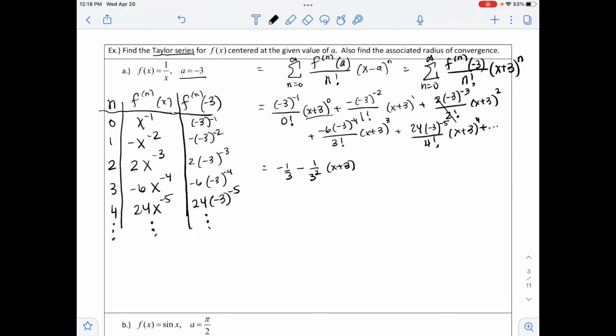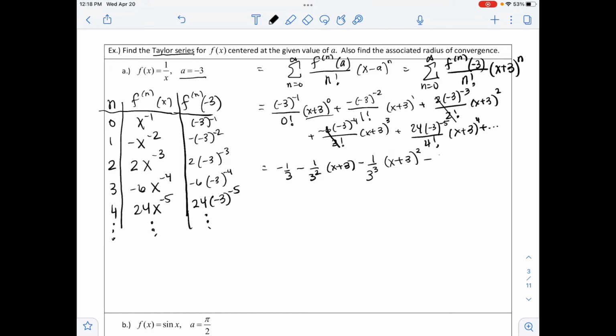And so for this, we have negative 3 to the negative third, which is going to be a negative value also. And I'm going to write it as 1 over 3 to the third. And then x plus 3 to the second. The next term that we have is negative 6 over 3 factorial. And 3 factorial is equal to 6, so I will cancel those out. I have a negative sign left over, and then I have negative 3 to the negative fourth, which would become a positive 3.